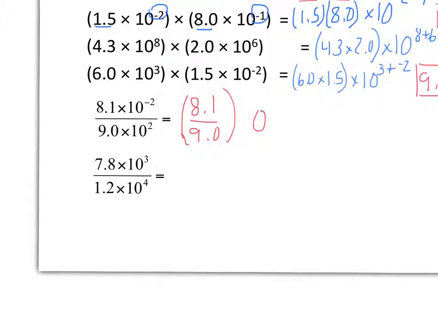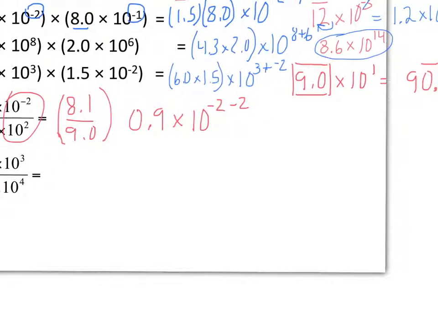So this is really 0.9. For these, we're going to take the top number and subtract the bottom number. So it's times 10 to the minus 2 minus 2. We end up with 0.9 times 10 to the minus 4.